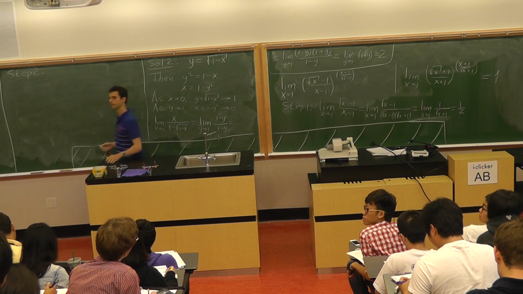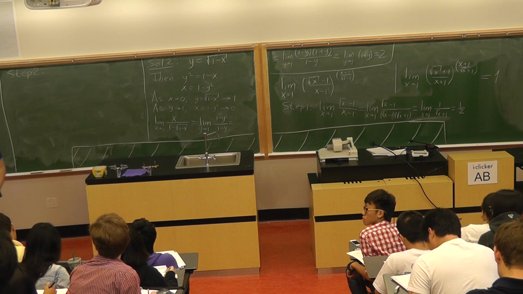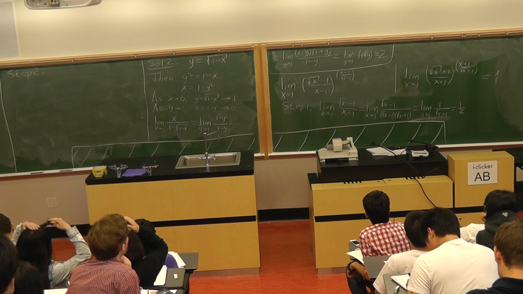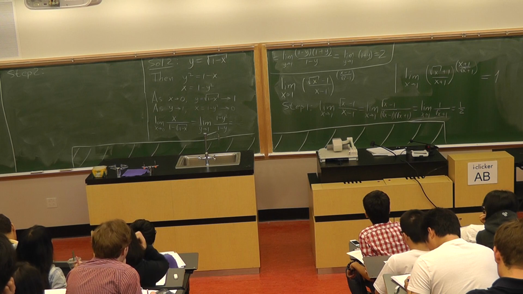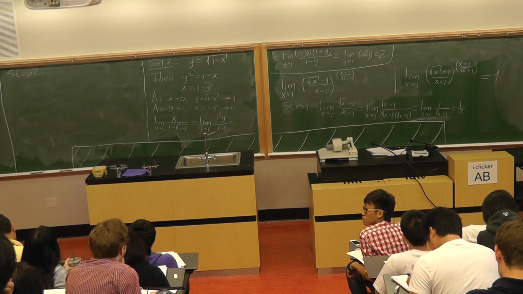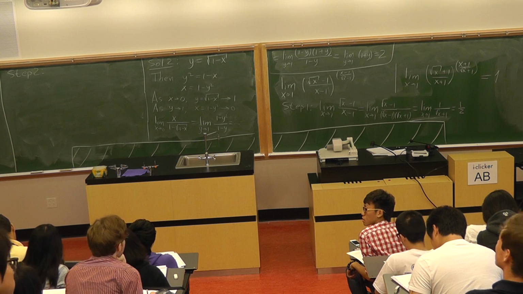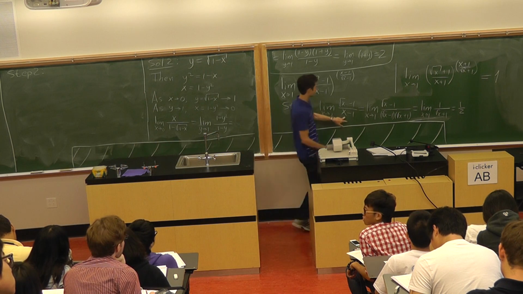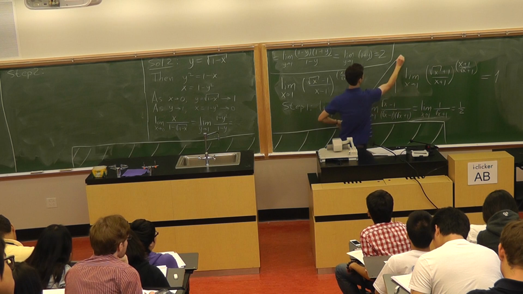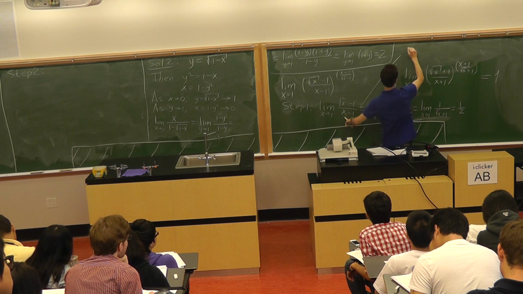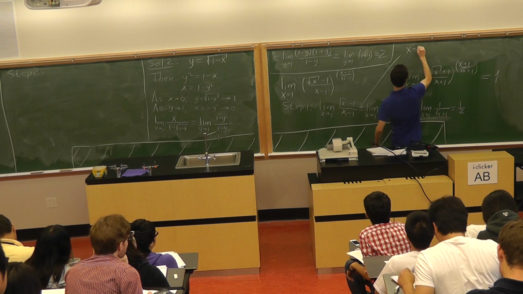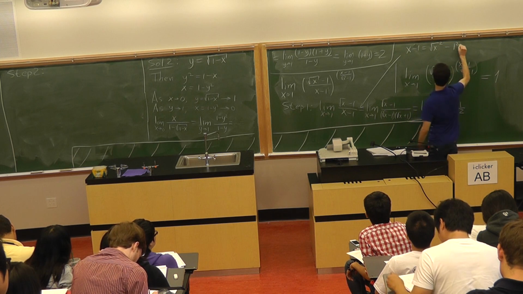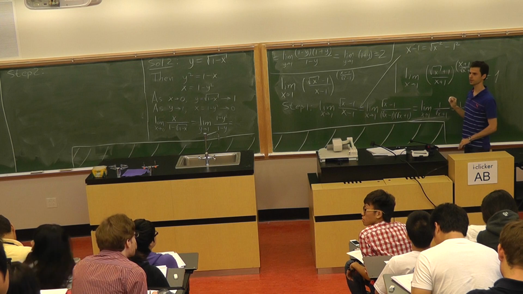Yes. The first part, like the denominator is x minus 1, and it turned into square root of x minus 1. So I don't really get that. Oh, so here, in this step I used the trick of writing x minus 1 as square root of x squared minus 1 squared. Okay?